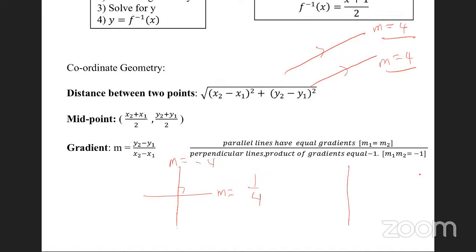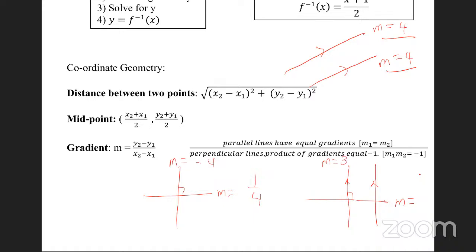Let's do one more, please. Let's say we have three lines, and the gradient of this line is 3.